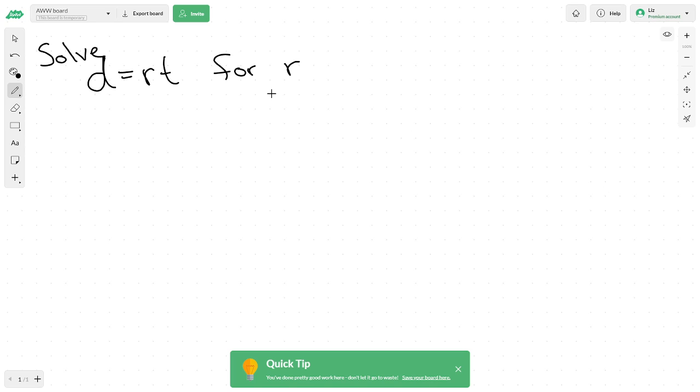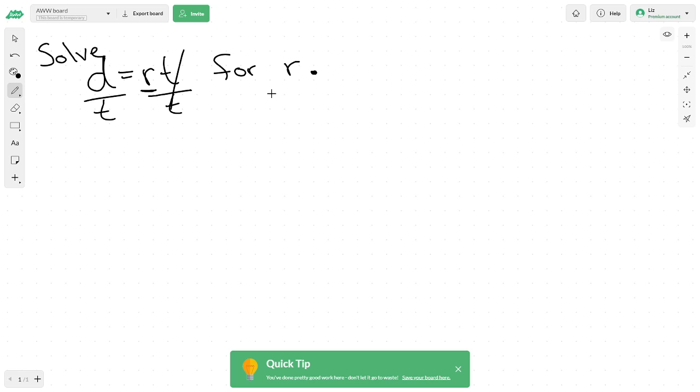All right, so we want to solve distance equals rate times time for rate. So I need to move things around and I need to get this r all by itself. I see that t is attached to r by multiplication. They're being multiplied together. So what I need to do is divide t out of there. What I do to one side of an equation, I have to do to the other.